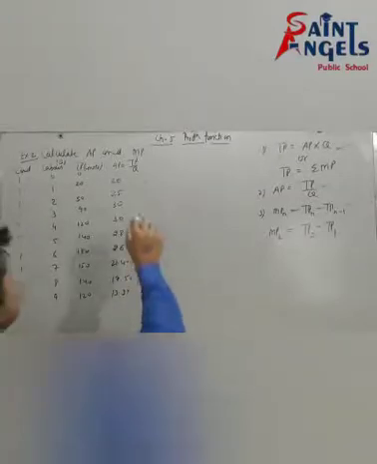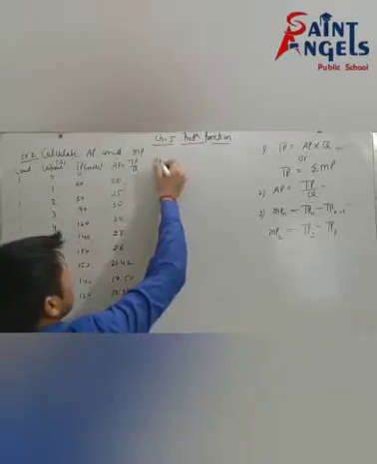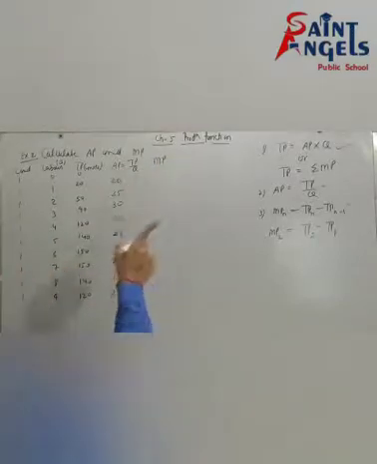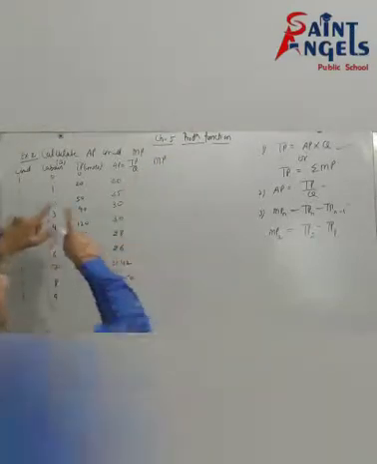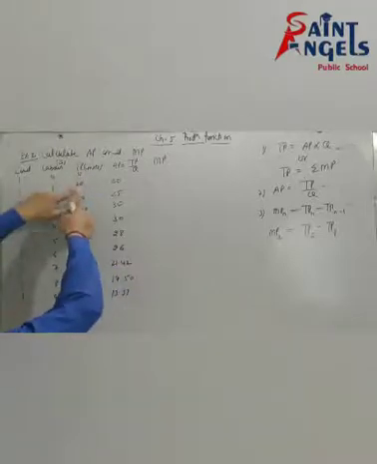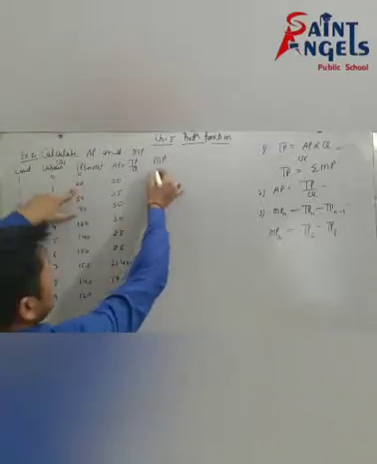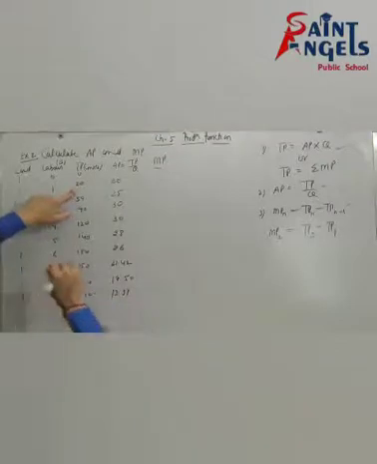Now we will calculate the value of MP. Always remember, in TP it is second minus first, and the first will be a dash.